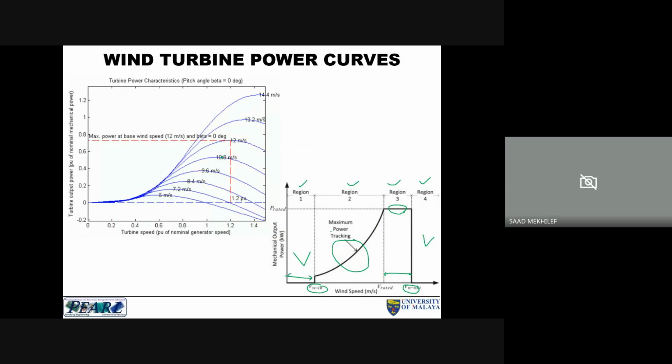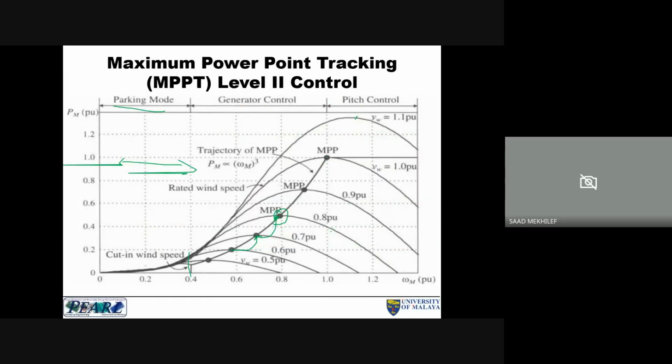So the pitch control mode is for higher than the rated wind speed but below the cut-out limit. When the wind speed reaches or exceeds the cut-out speed, the blades are pitched completely out of the wind, and no power is captured at this time.